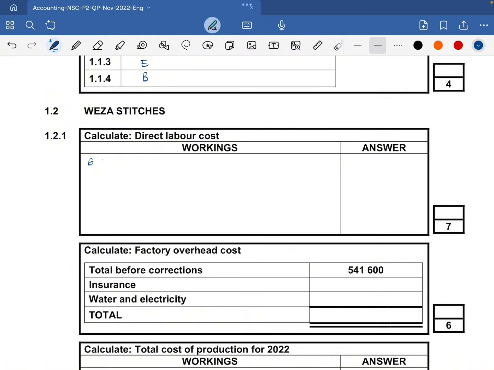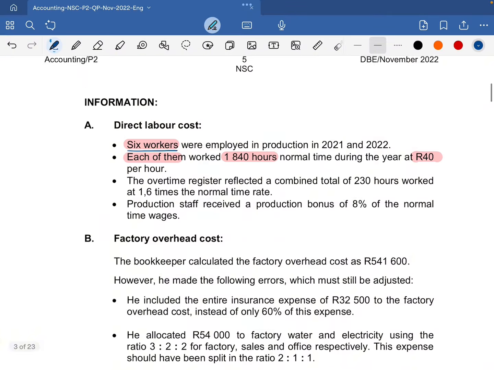So it's 6 workers multiplied by 1,840 multiplied by the 40 rands per hour, right? Then 6 times 1840 times 40 will give 441,600 plus. Let's look at the other pieces of information.